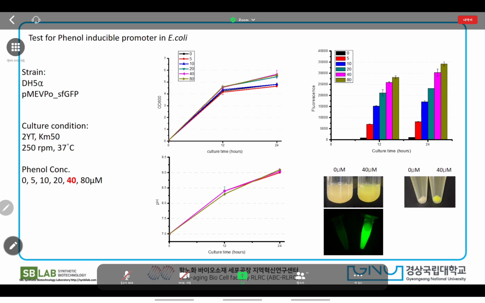So we use the promoter along with the repressor. We clone the repressor and the promoter in our vector. Okay.